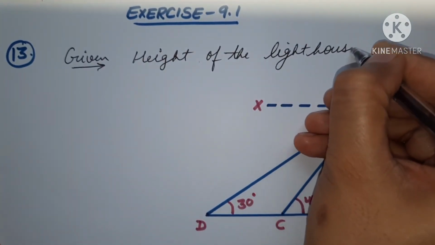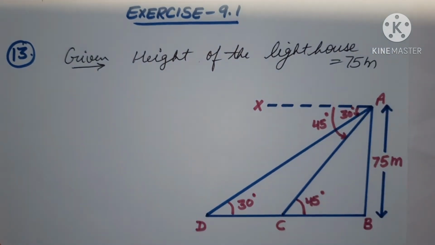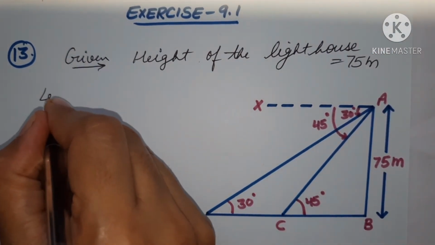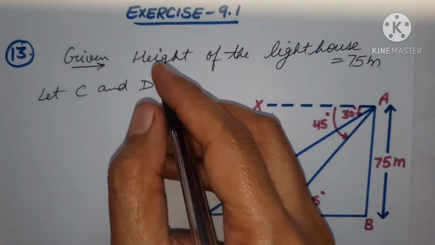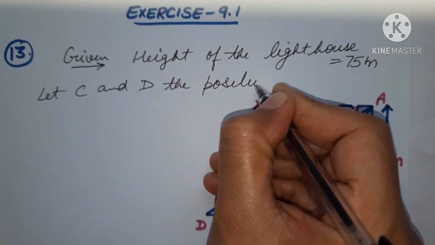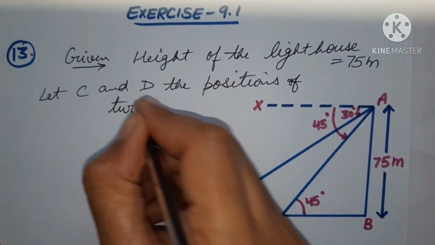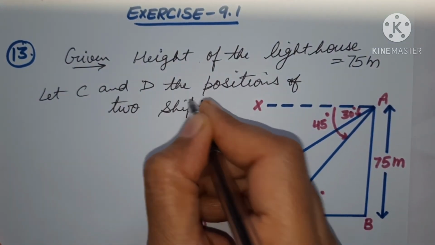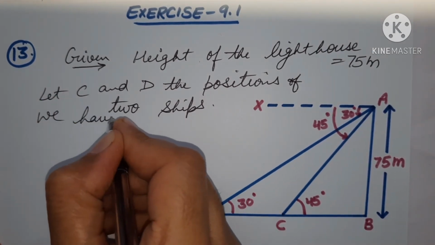So we will write height of the lighthouse is 75 meter, and let C and D points show the positions of two ships as given in the question.